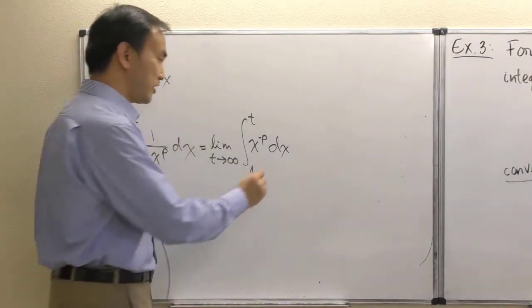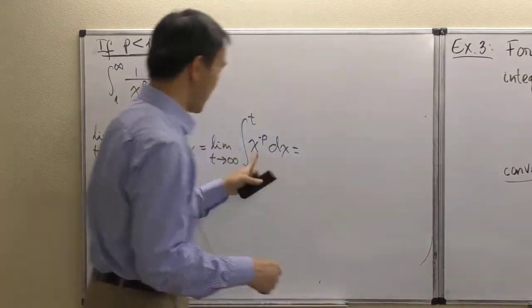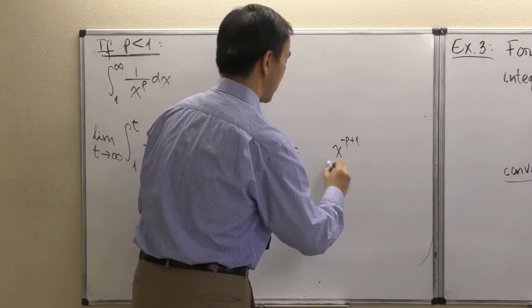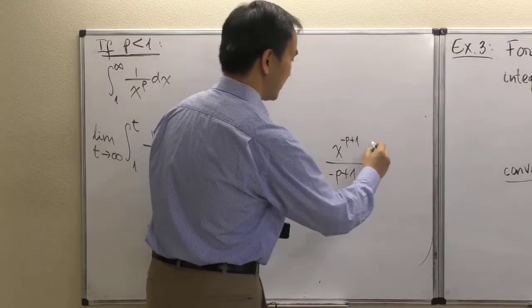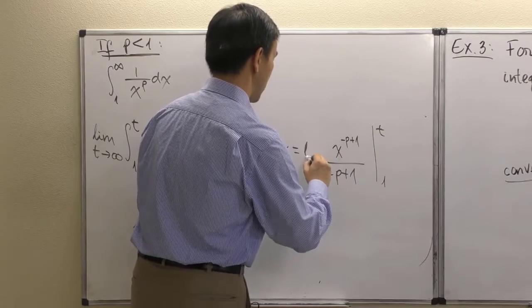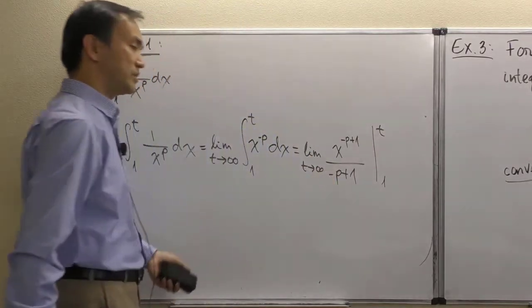Okay, and now just the usual work again. First, I'm going to find the antiderivative of x to the minus p, which gives me x to the minus p plus 1 over minus p plus 1. Then we evaluate this from 1 to t, and take the limit as t approaches positive infinity.